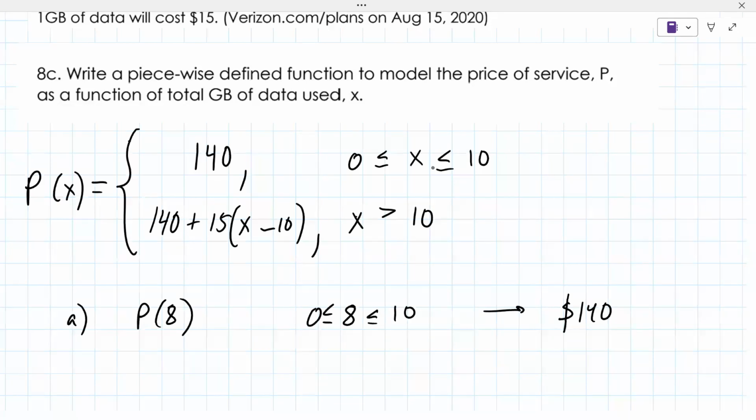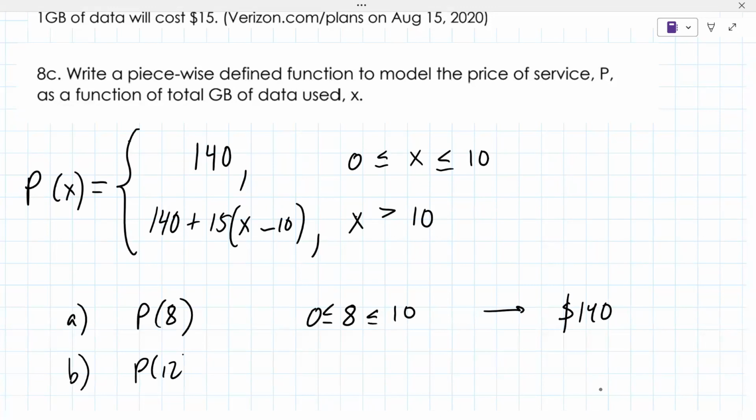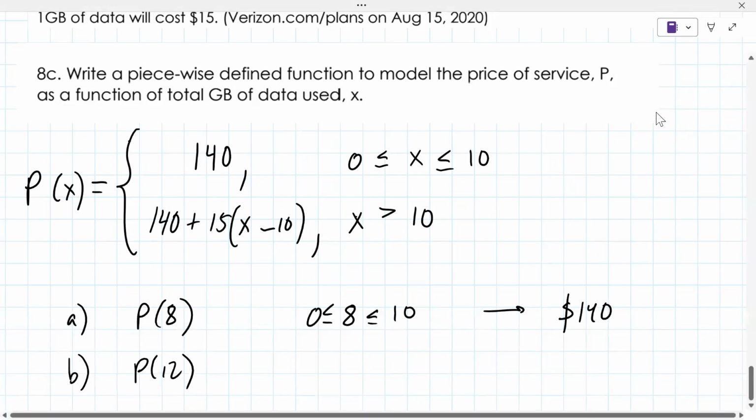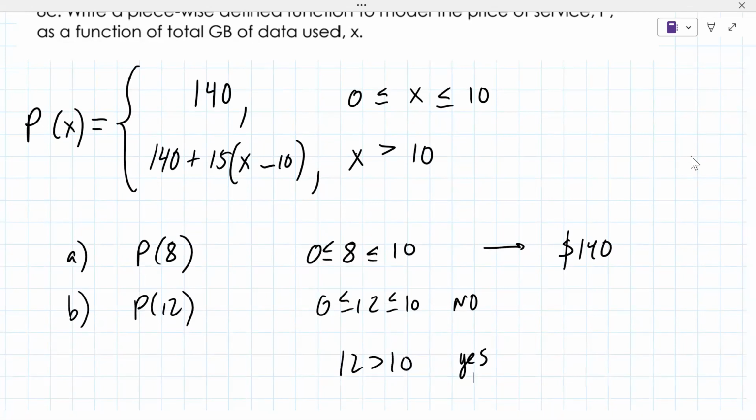Then what is the cost of your service if you use 12 gigabytes of data? You first check: is 12 between 0 and 10? The answer is no. Is 12 greater than 10? Yes. So use that second piece. P of 12 equals 140 plus 15 times 12 minus 10.